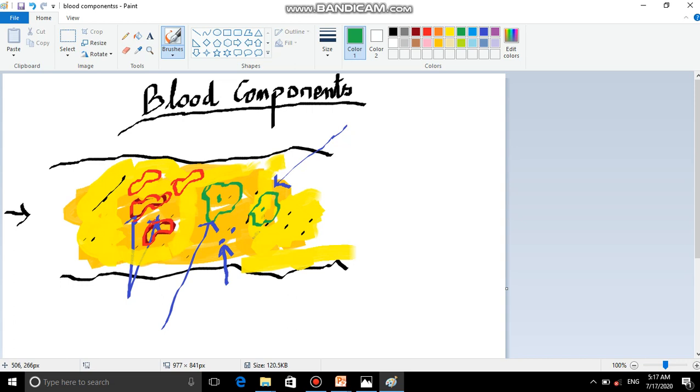They are also suspended. Then we have blood platelets like this, also suspended in blood plasma. So the composition of blood is the background matrix, that is plasma, and then the formed elements WBC, RBC and platelets that are suspended in it.